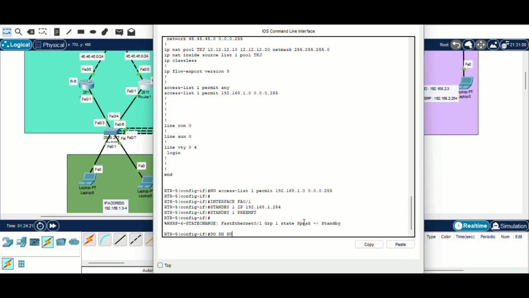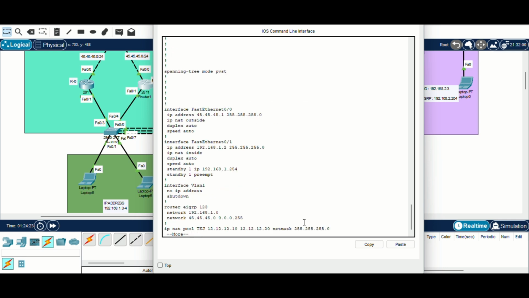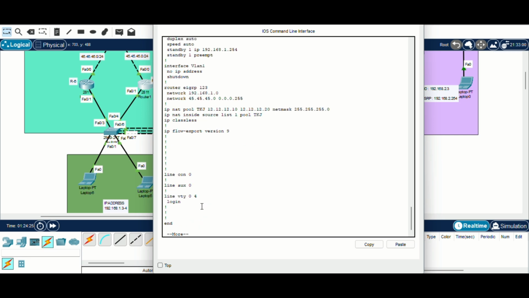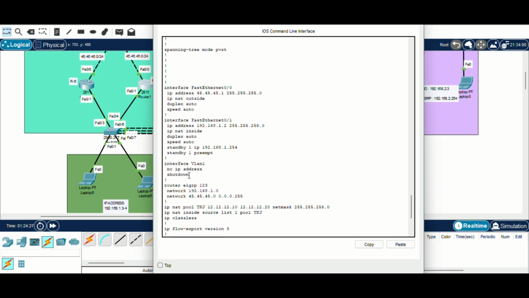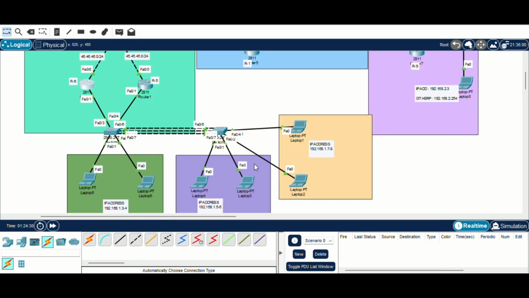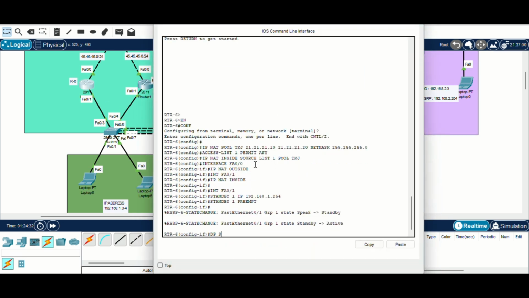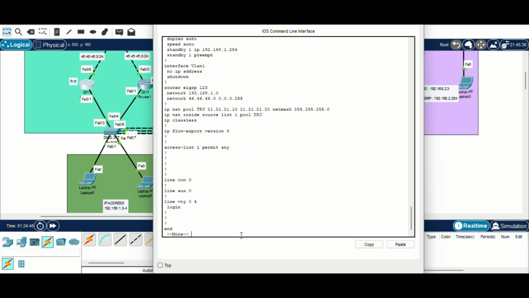HSRP can see here already all. IP NAT outside, inside, standby IP. Here you make also IP NAT pool with the net mask. Also in set place interface included any, and then for that the interface one is the HSRP mode. Can check here.